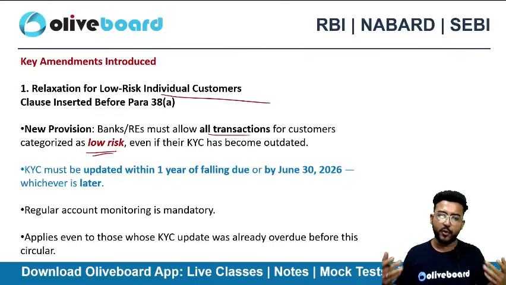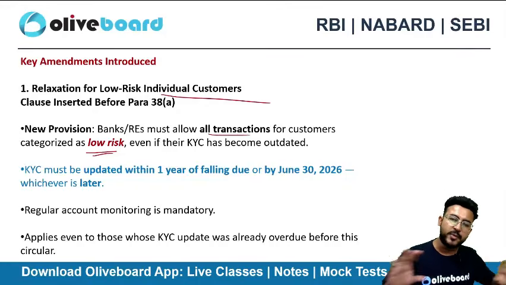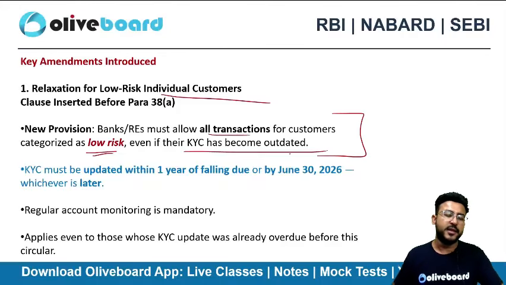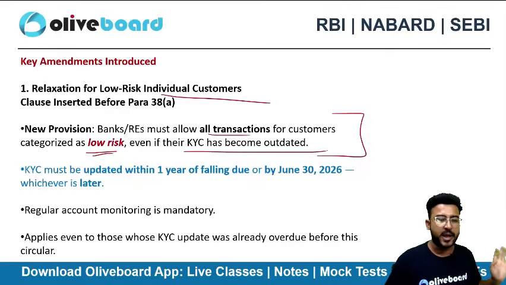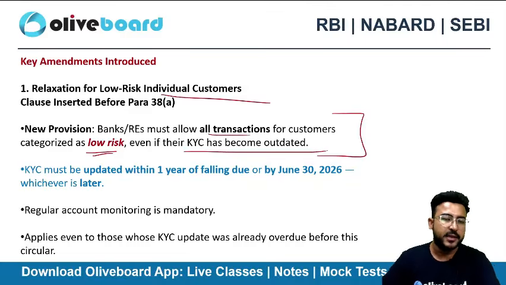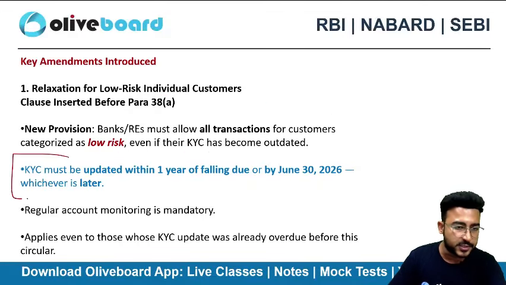Let's suppose I'm a low risk customer for a regulated entity, then all the transactions will be allowed even if my KYC has become outdated. Doesn't matter if my KYC has become outdated, I can do all the transactions in my bank because I'm in the low risk category of this particular regulated entity. This date is important. This is the crux of this circular.